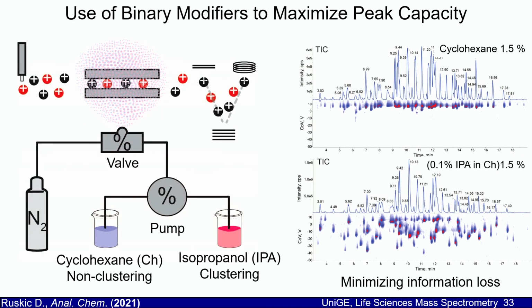So then we started to implement this method for profiling type of analysis, and what you can see here, this is pure nitrogen. This is 0.1% of IPA with LC. You see, we don't need to scan really large DMS windows, so we compress it a bit to get a cycle time below 1 second, typically 0.8, which also gives you better quantification performance, and really nice orthogonality to LC.